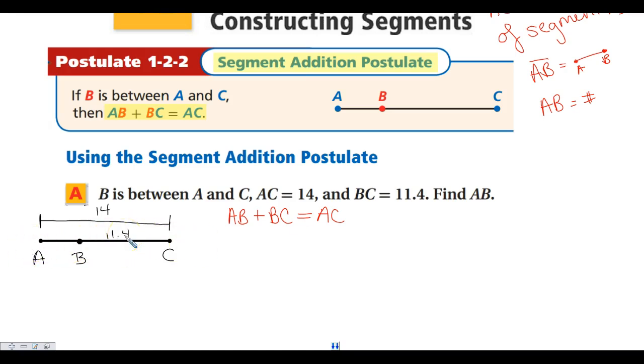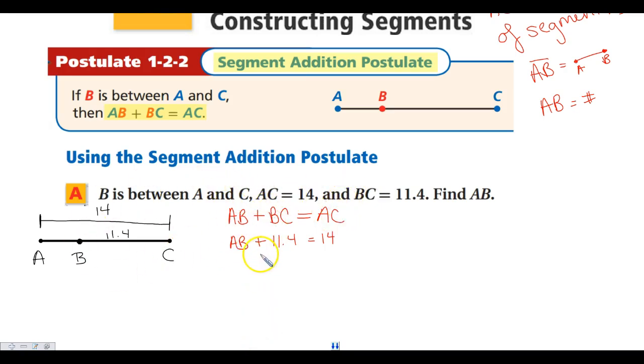All right. So now step 3 is plug in any known values and solve. So we don't know what AB is, so we're going to leave this as just the length of segment AB. Okay, the length of segment BC is 11.4, and the length of segment AC is 14. So we get that from our information up here, and then from our picture once we draw it in.